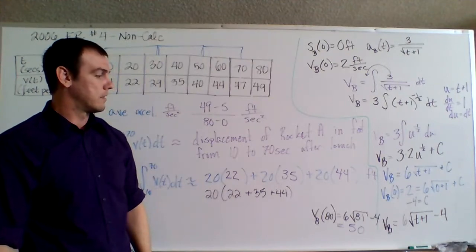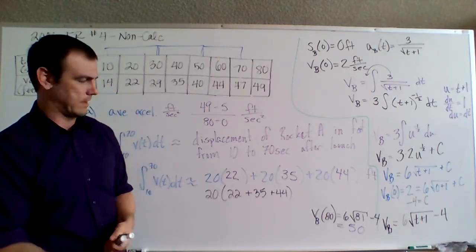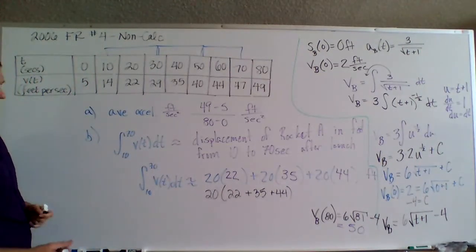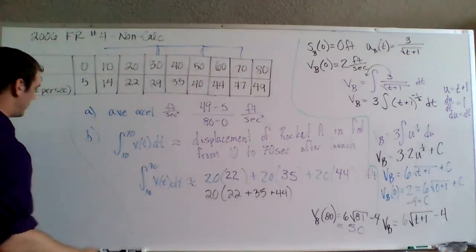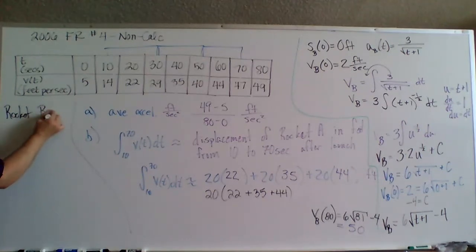Okay? Now, even though you found all that, you still have to explain and give reasoning for your answer. So I'm just going to be all over here on part C. I would say rocket B is traveling faster at 80 seconds.